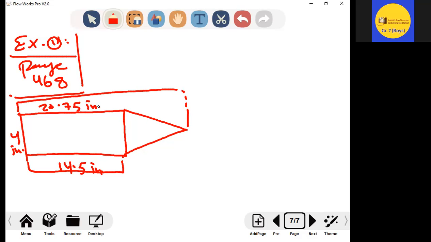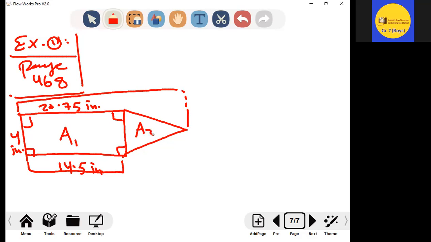And these are right angles, to tell us that this is a rectangle, okay? Now, I have two areas here, right? A1 and A2. A1 is the rectangle, and A2 is the triangle.